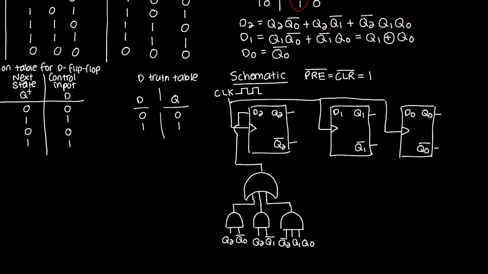Okay, for D1, I could implement this sum of products expression here, but I am going to use the XOR because that just requires me to have one gate. Inputs are Q1 and Q0, and the output is simply D1.